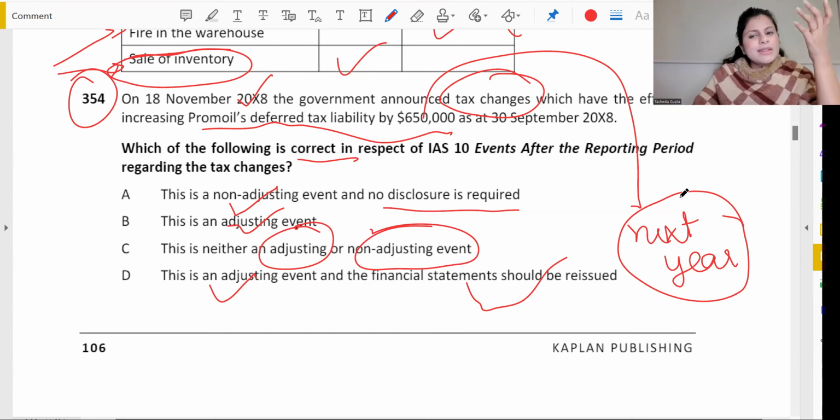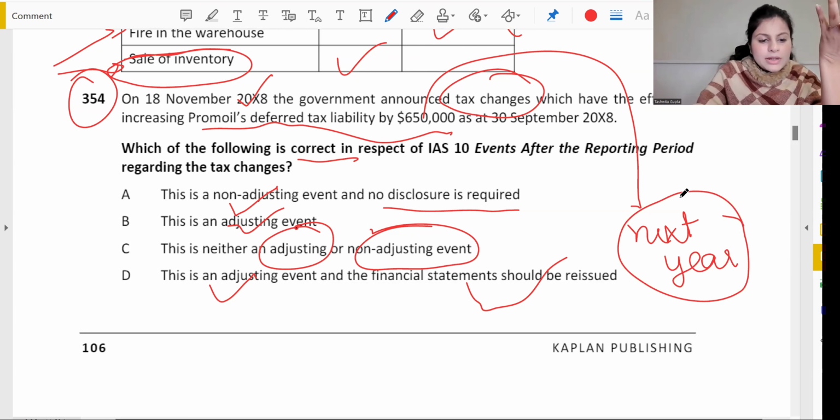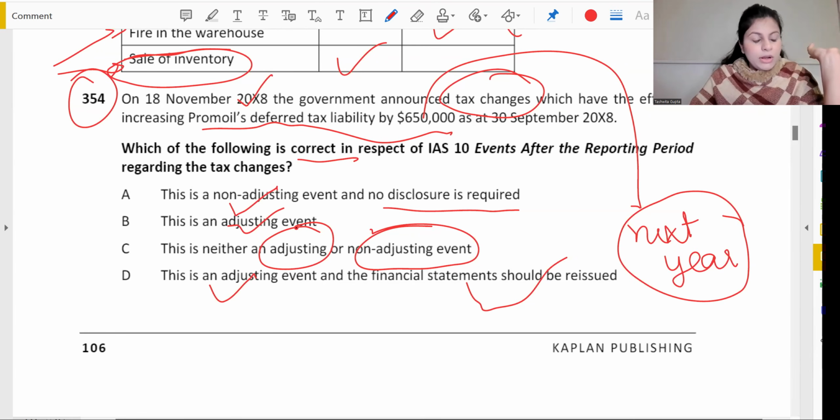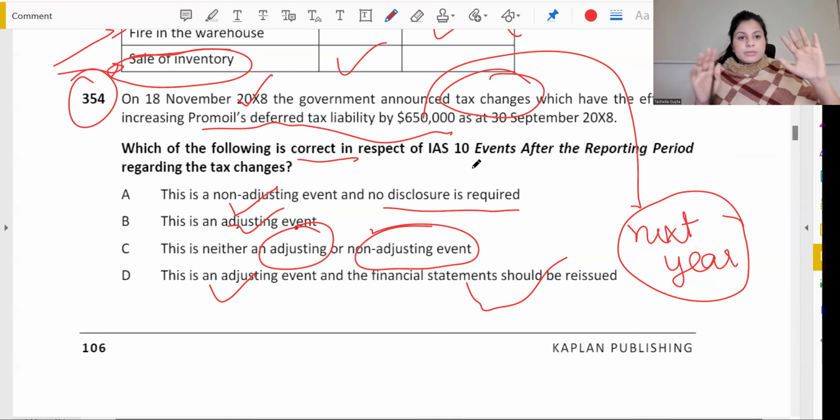This will happen next year, so we will show the movement in the next year's. This is not impacting at all. This is neither adjusting nor non-adjusting. This is nothing, because this particular deferred tax liability change never existed at the year end.